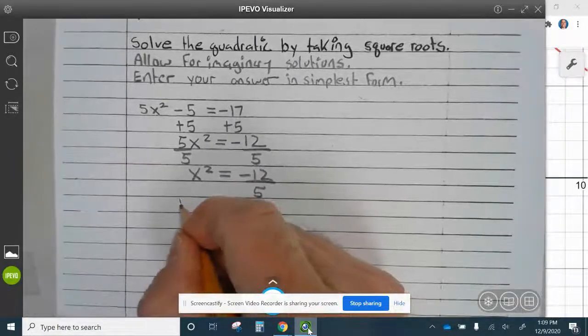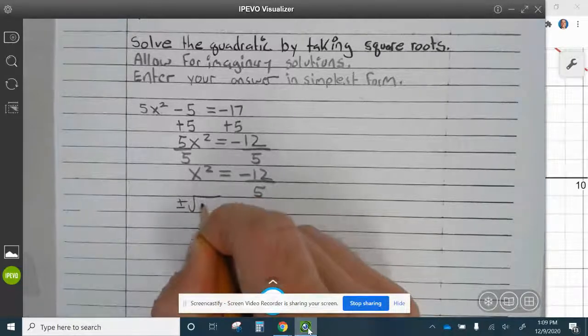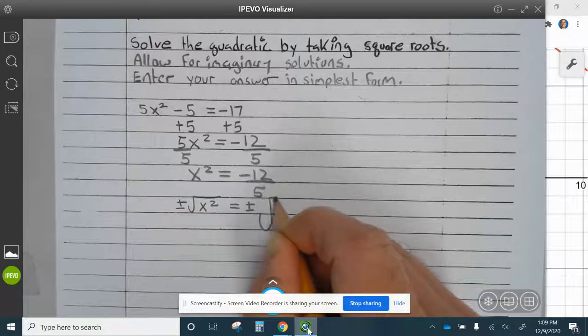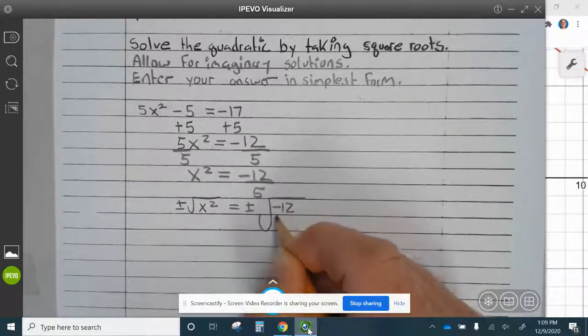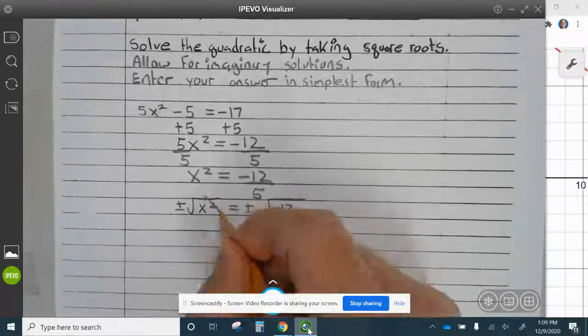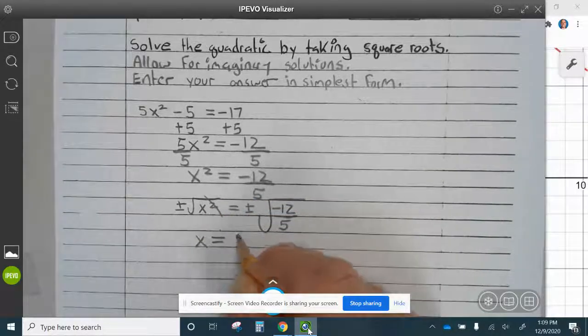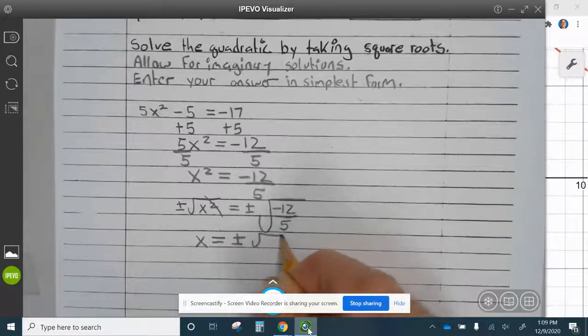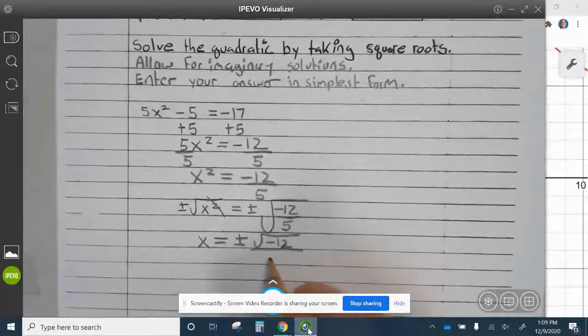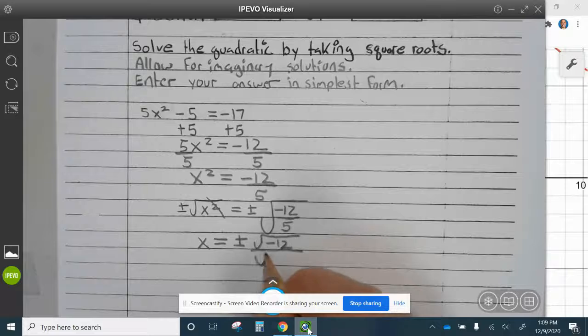Now we need to do plus or minus the square root of both sides. So that cancels. You're left with x equals plus or minus the square root of negative 12 divided by the square root of 5.